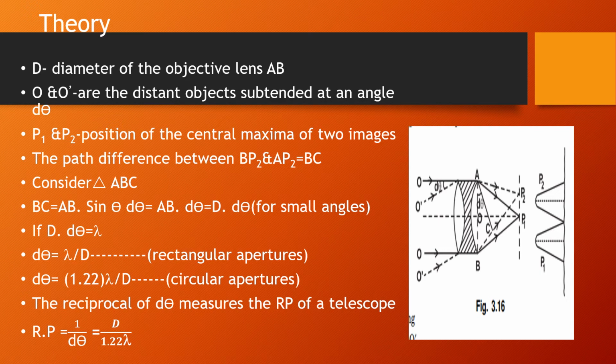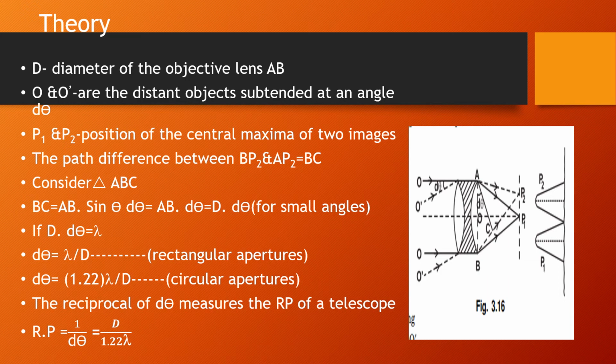P1 and P2 are the positions of the central maxima of the two images. Then, according to Rayleigh, two objects O and O prime will be just resolved when the central maxima of the diffraction pattern of one coincides with the first minimum of the diffraction pattern of the other.